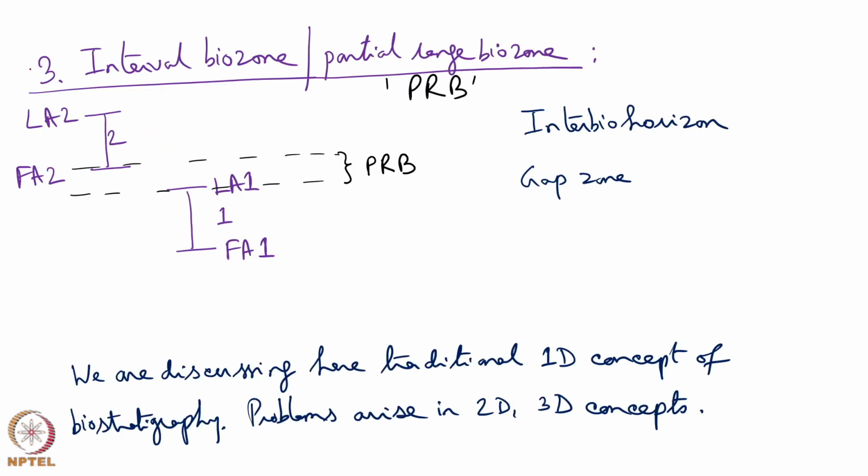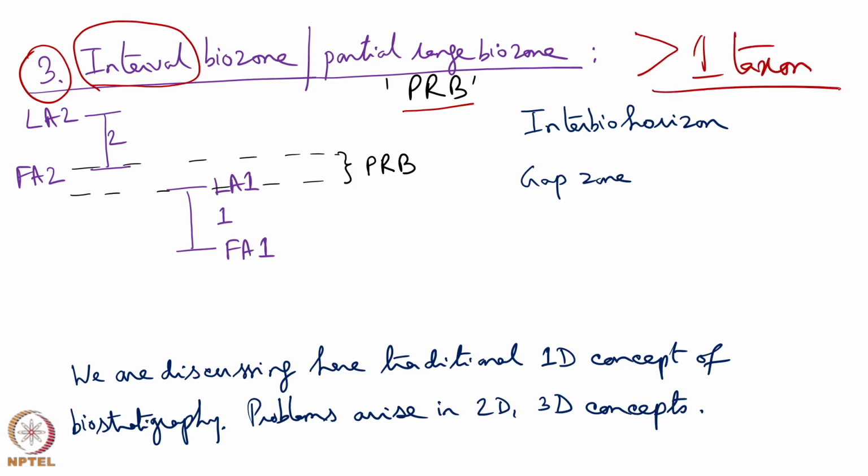Now, let us look at the third variety, the interval biozone or the partial range biozone, PRB. Here an interval is referred, and here also we use more than one taxon.